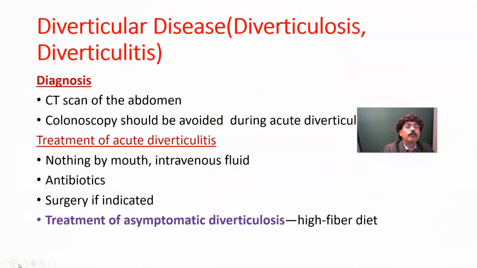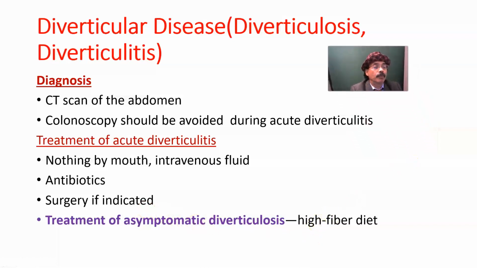So how can you diagnose diverticular disease, diverticulosis, diverticulitis? Diagnosis is by CT scan of the abdomen. Colonoscopy should be avoided during acute diverticulitis. It may create problems. If it has settled down, then we can do colonoscopy also.